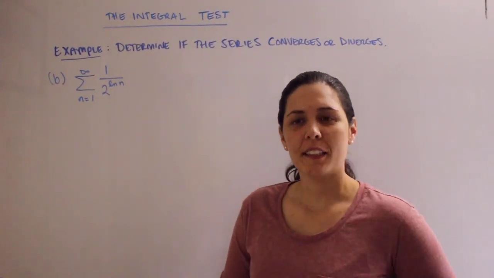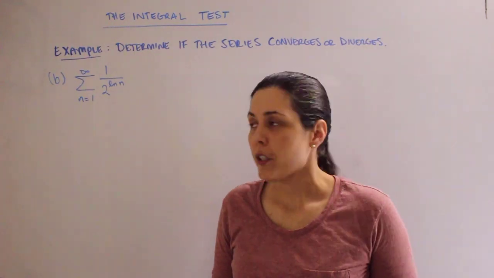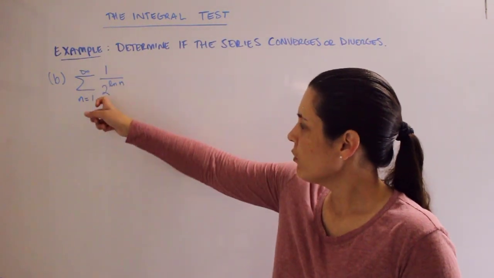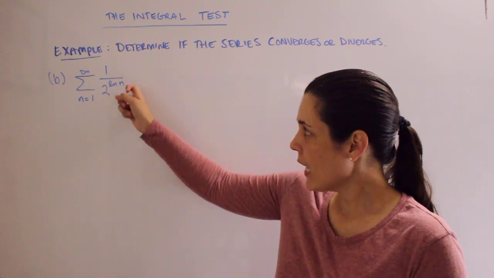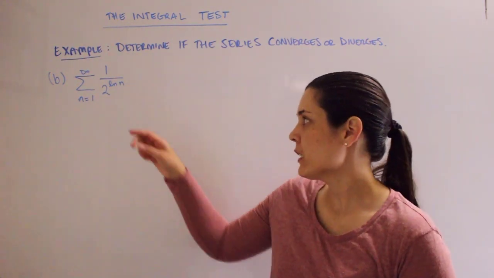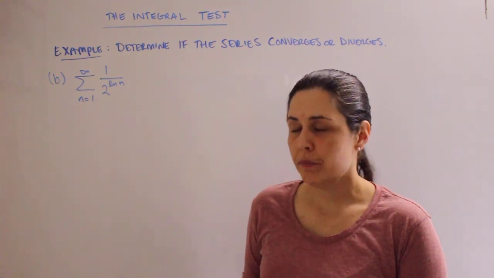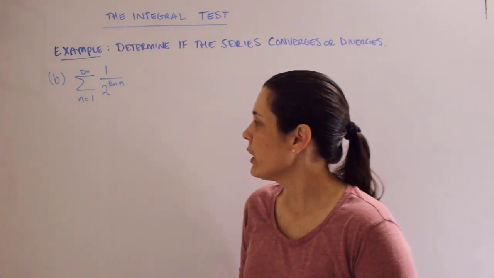Okay, let's try this example. Same idea. Is this series going to converge or diverge? This time we have 1 over 2 to the ln of n power. So 1 over 2 with the exponent natural log of n, and n is going from 1 to infinity again.